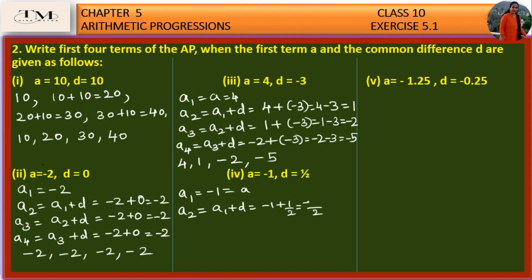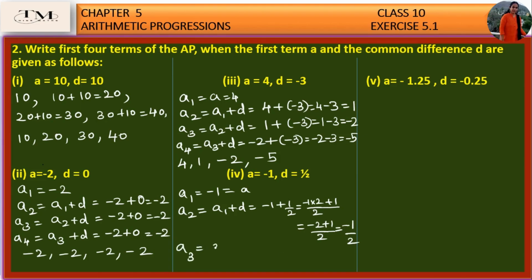Minus 1 into 2 is minus 2, plus 1 by 2, which is equal to minus 2 plus 1. We have to subtract the numbers. If you subtract 2 and 1, it is 1, and the negative sign appears for the bigger number. So we get the answer as negative 1 by 2.